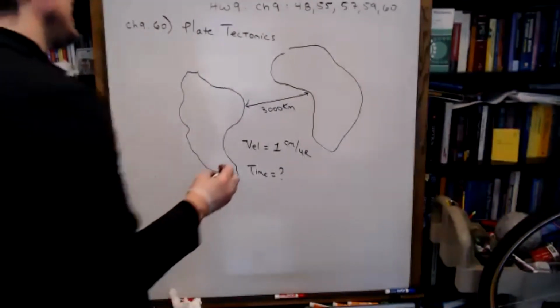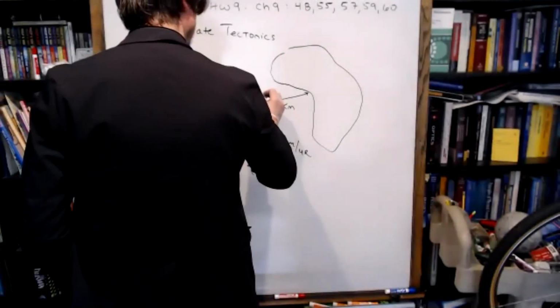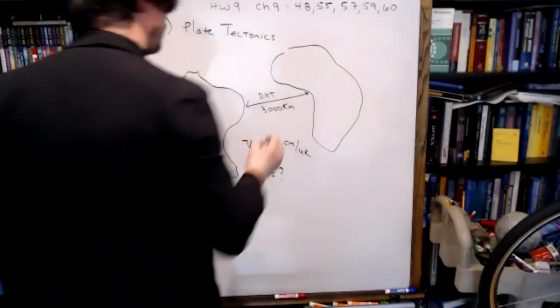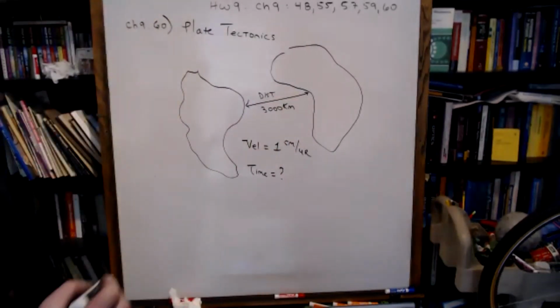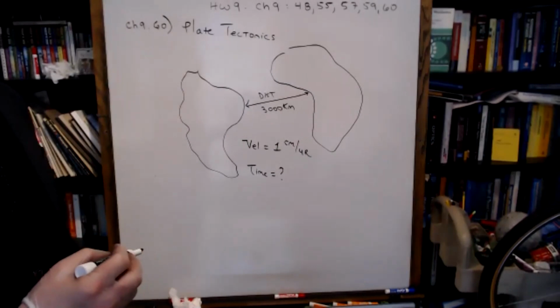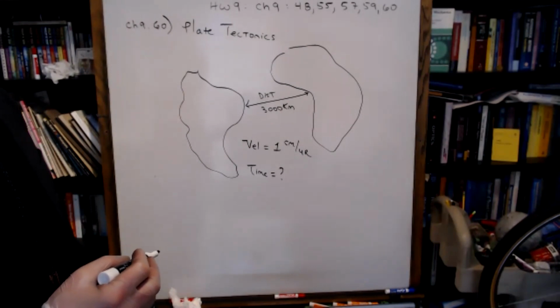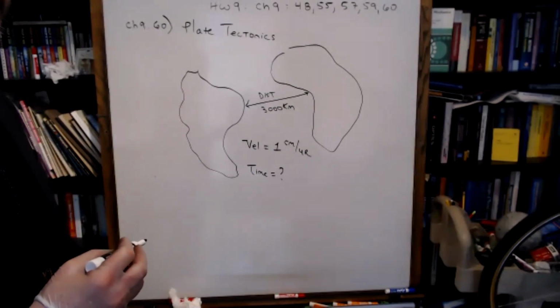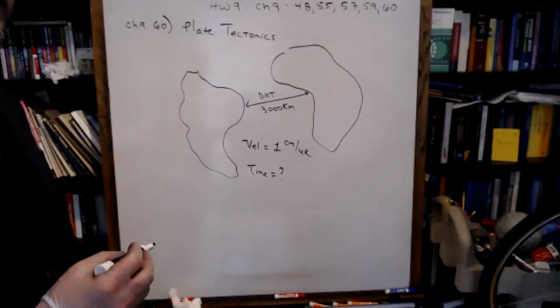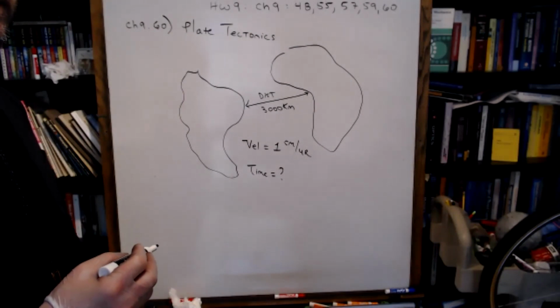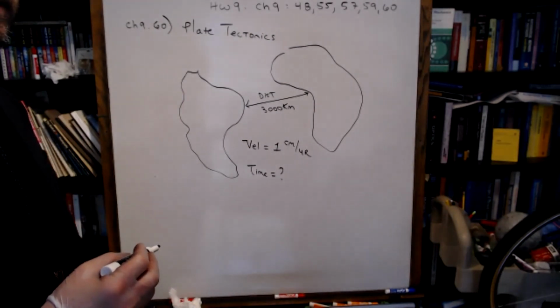So I have a distance, and I have a velocity or a rate, and I want to solve for time. How do I do that? Should we convert kilometers to centimeters first?